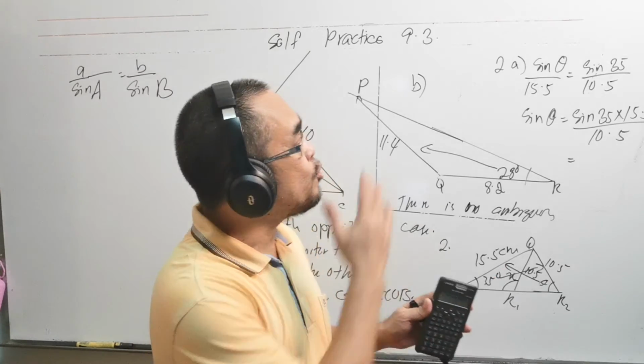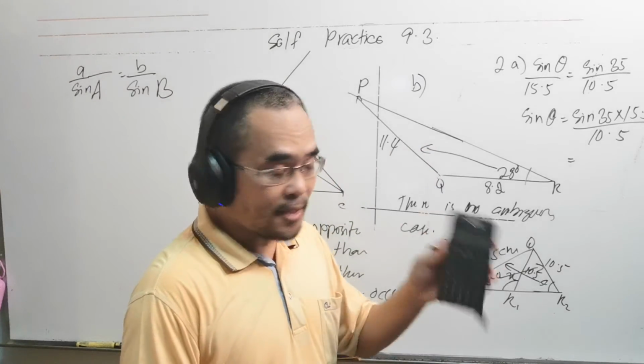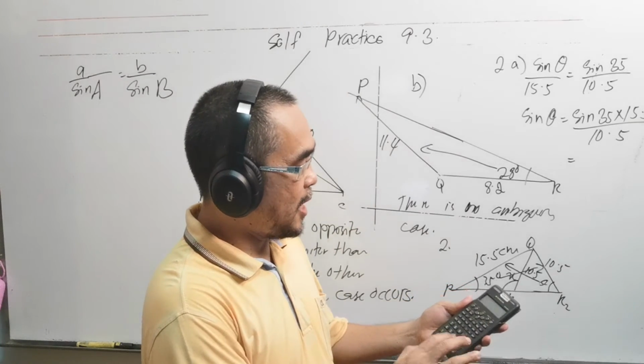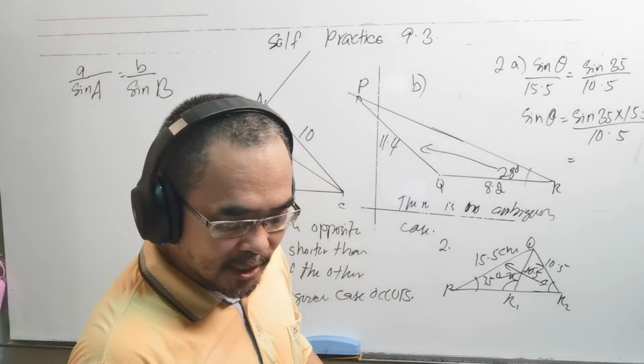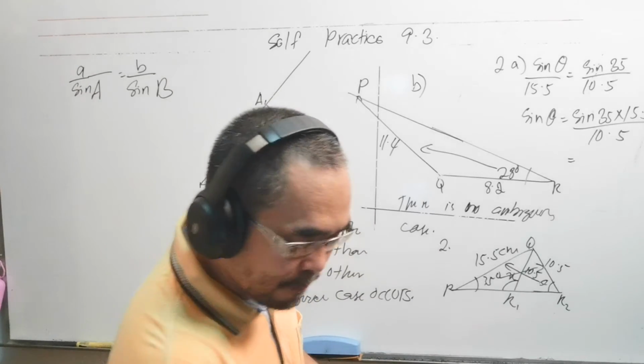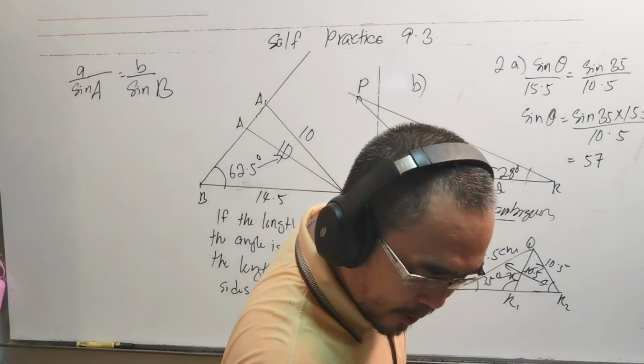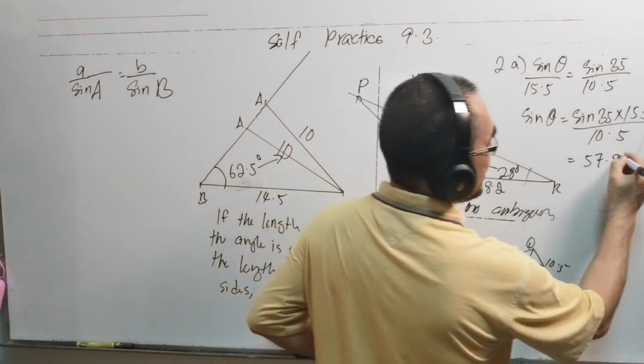That something you should not write it down. Okay, just put it and then immediately shift sine, then you get the value that is correct to 2 decimal places. It will be 57.86 degrees.